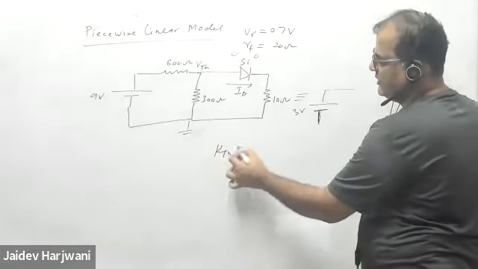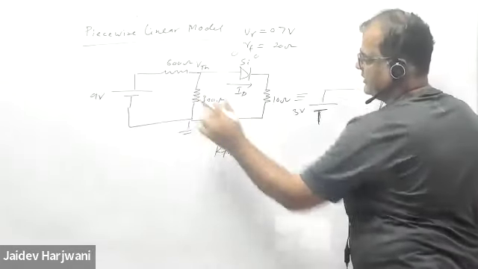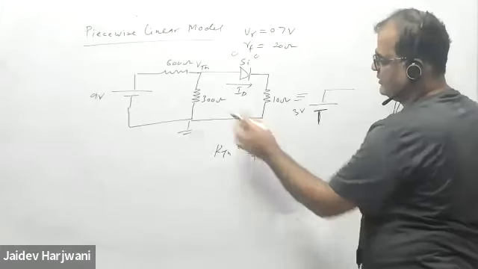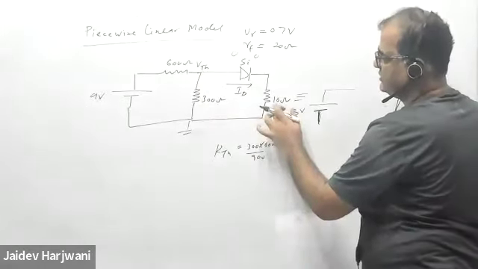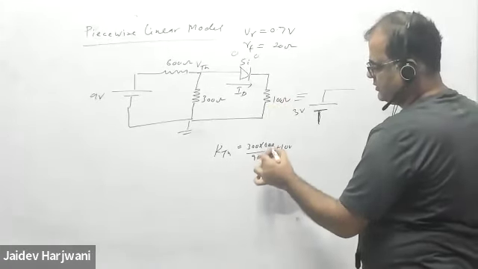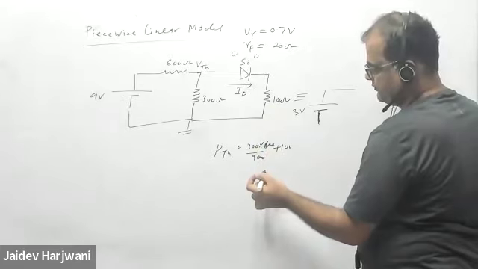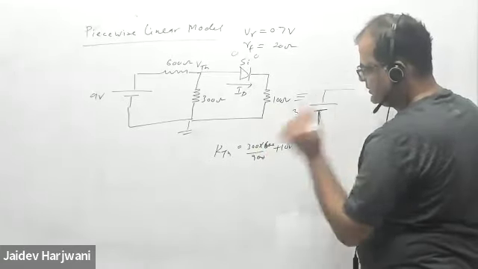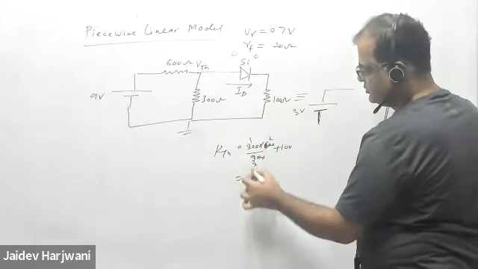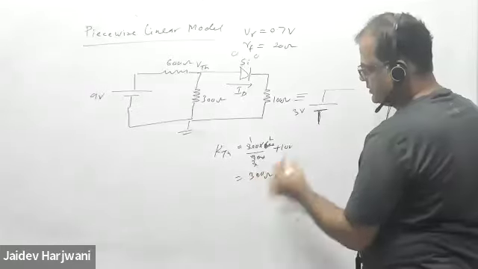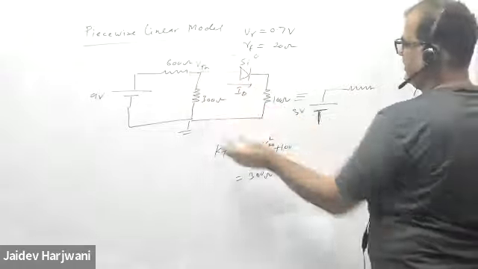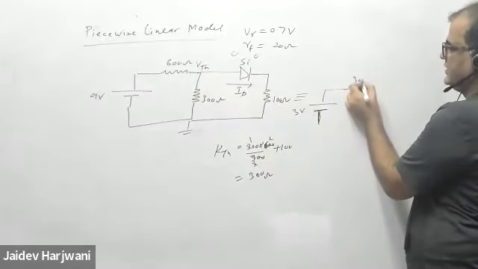So RThevenin will be, if I make it short, this will be parallel. 300 into 600 over 900, and now this will be in series with this 100 ohm. 200 and 100, how much does it become? 300, right? So RThevenin is 300 ohm.